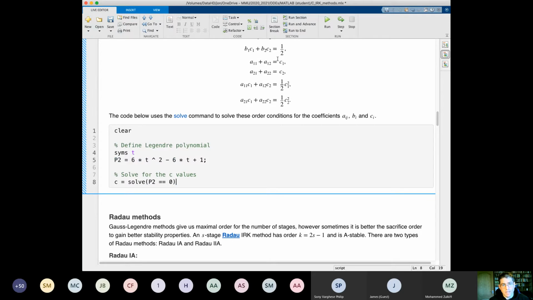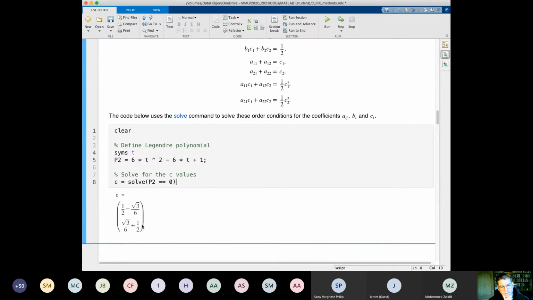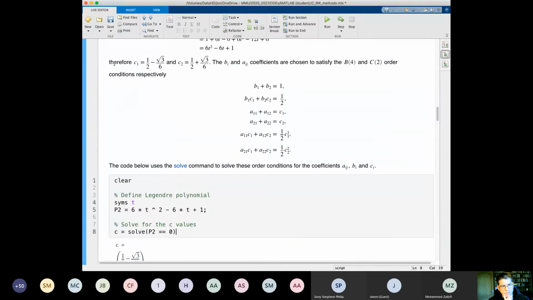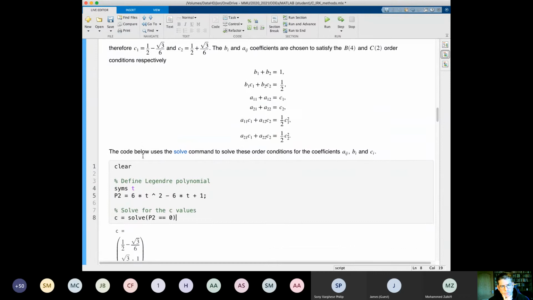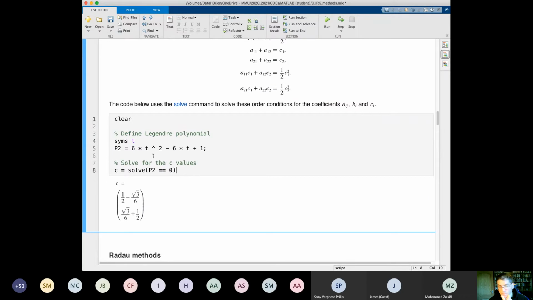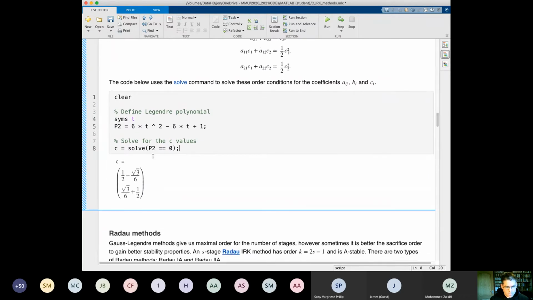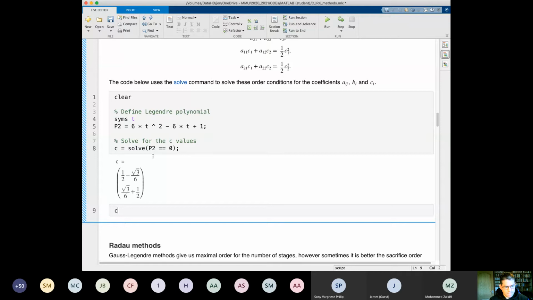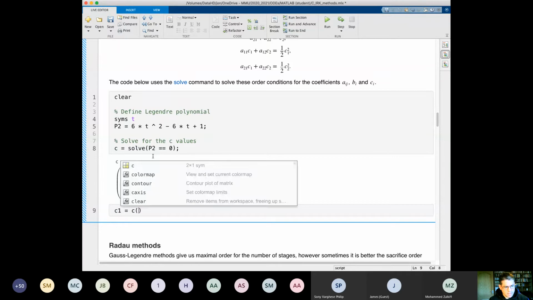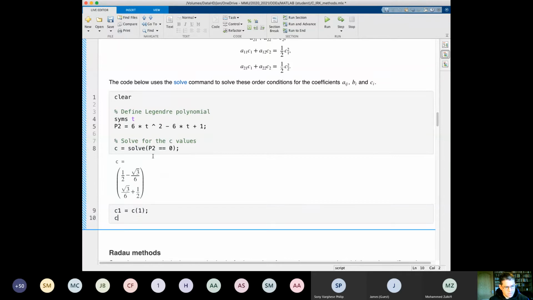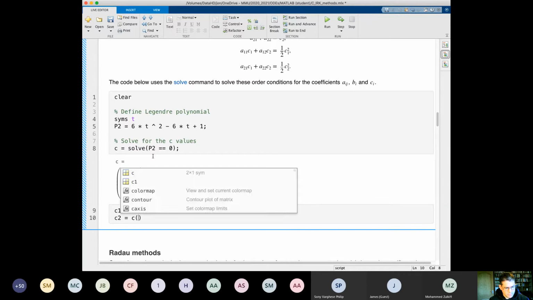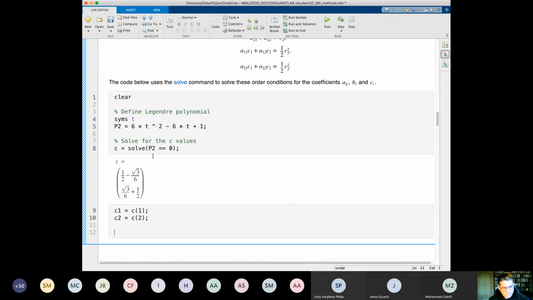So if I solve for that, and if I click run or press F5, you can see it's solved, and it's given me that solution, which we already had because it's not too difficult. Okay, so what I'm going to do there is store the values, the C1 and C2, into variables C1 and C2.